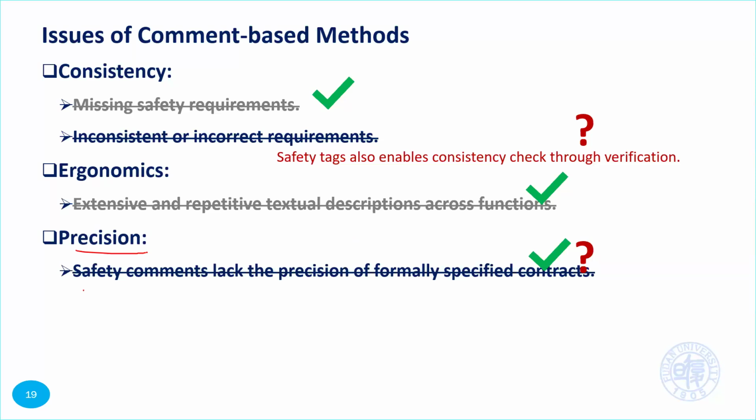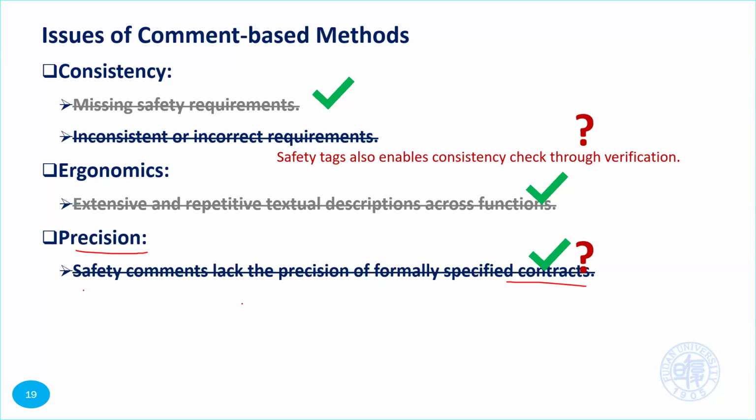Now, the precision issue seems we can solve. Maybe it's not as precise as a contract, but we can already make it have some formal semantics related to the safety requirement.